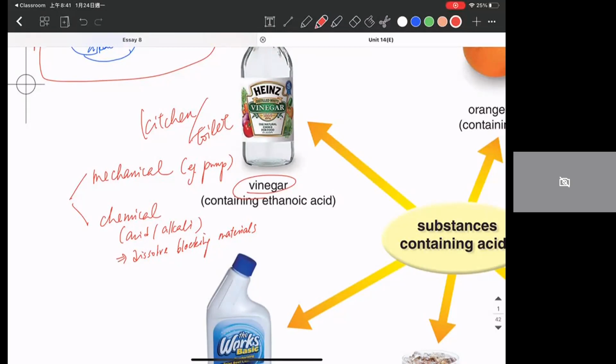Of course, it is not used alone. Do you know what chemicals should also be used together with this? Have you ever heard of that? Have you ever heard of baking soda?